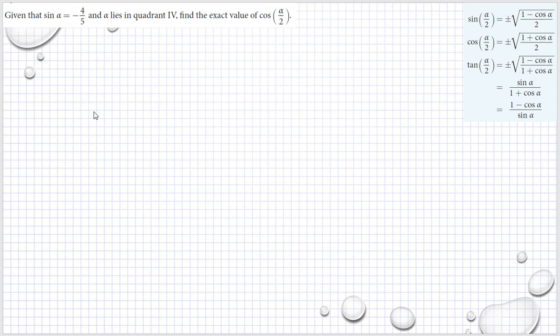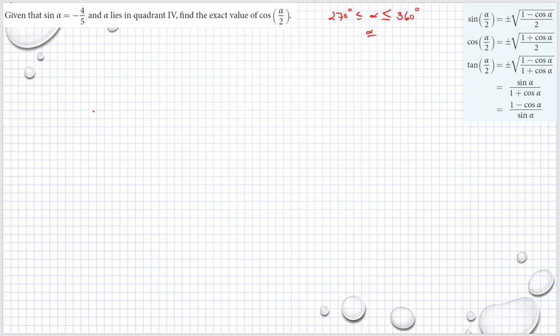Given that sine alpha is equal to -4/5 and alpha lies in the fourth quadrant, find the exact value of cosine alpha over 2. First, the fourth quadrant means 270 degrees to 360 degrees.